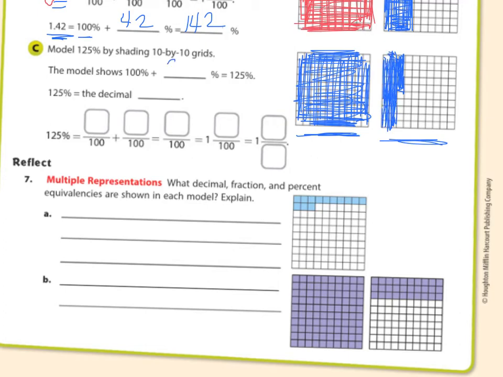Okay, 25%. The model shows 100%. Here's 100%. Here's 25%. So that's 100 plus 25%, which is 125%. And then to change that to a decimal, that's 1 and 25 hundredths. One whole grid and 25 hundredths of another grid. So when I add these together, there's 100 out of 100.